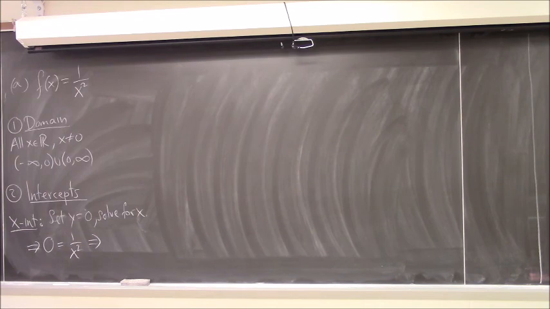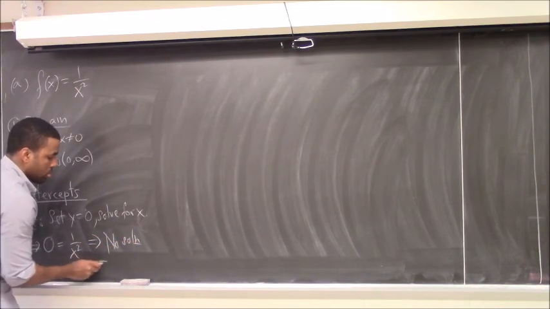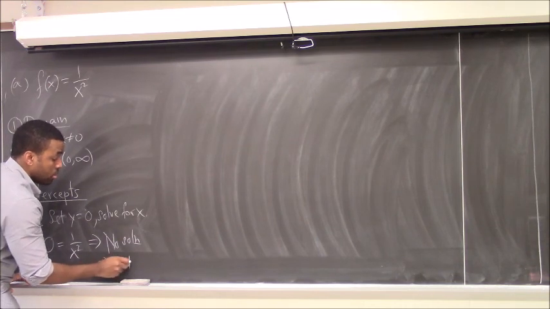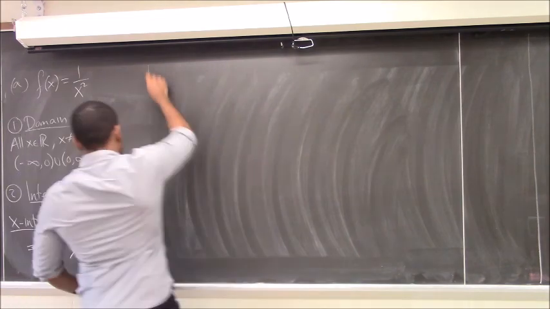What would x be? Well, x cannot be 0. We can never divide by 0. 0 is not in the domain, so it's impossible. So there's no x-intercept. No solution to this means there's no x-intercept, meaning that your graph does not touch the x-axis, which is fine.